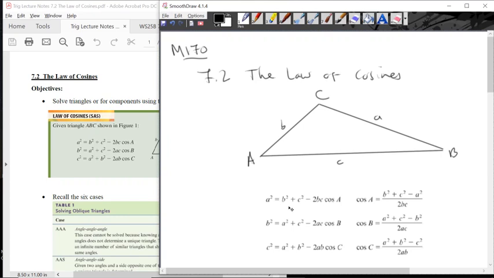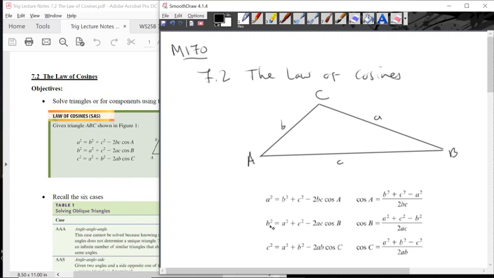Notice that in the formula, whichever side length is isolated on the left-hand side of the equal sign, that is always going to be the side length that is opposite of the only angle that you find in the equation. All right? So this first equation here, the only angle measure that we see is angle A. And angle A is opposite of side length A, which is the side length that is isolated on the left-hand side.